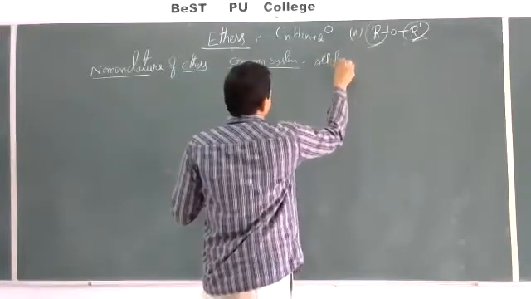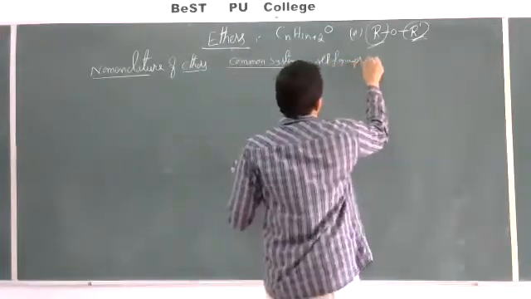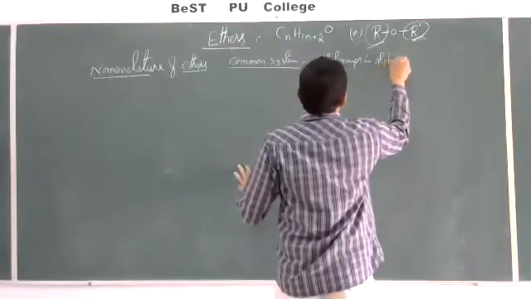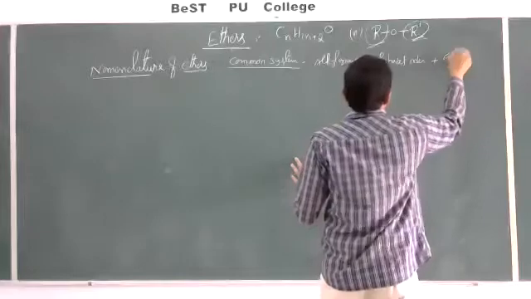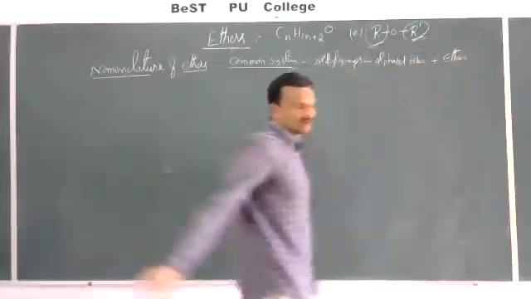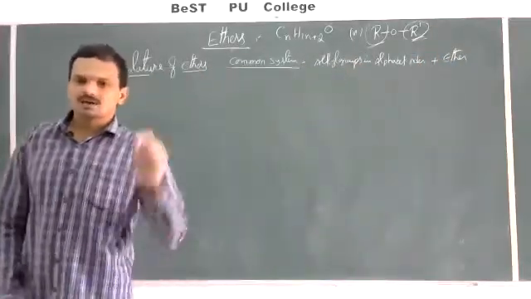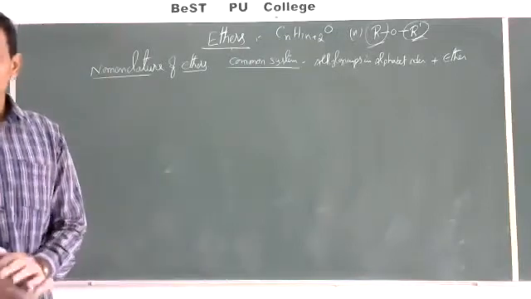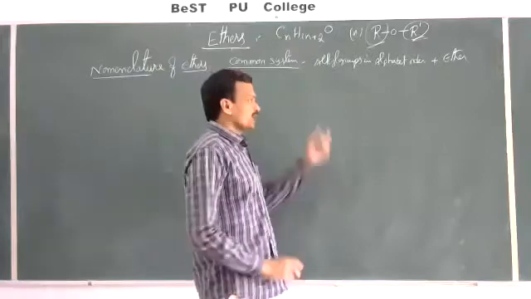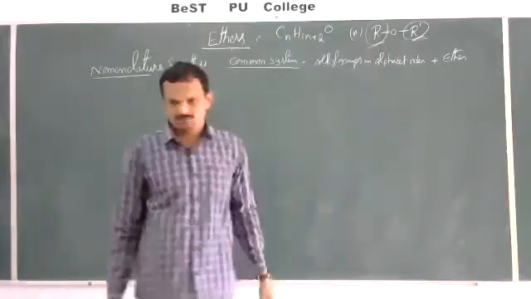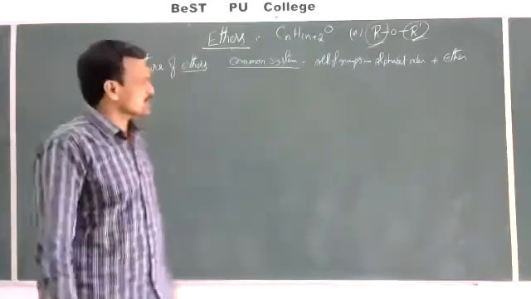So alkyl groups in alphabetical order plus ether. First, we should represent the two alkyl groups in alphabetical order. After representing the two alkyl groups in alphabetical order, the name ends with ether. Okay, this is common name.